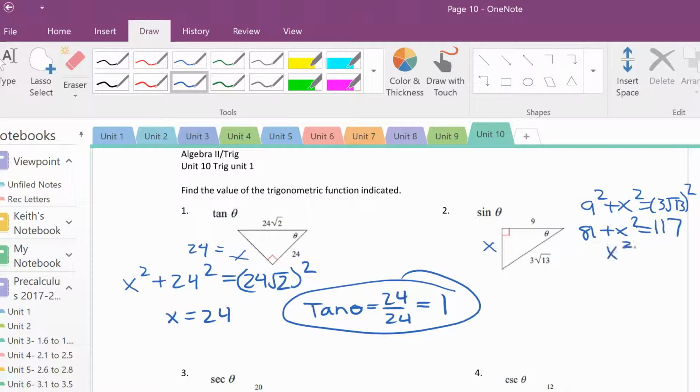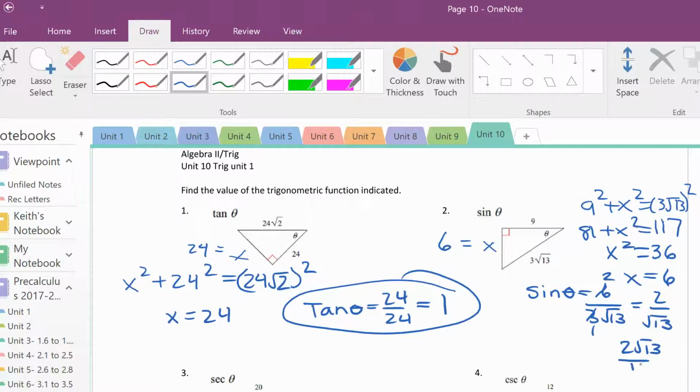And then when you subtract, you get x squared equals 36. So x equals 6. So the sine is equal to 6 over 3 rad 13. When you reduce, you get 2 over rad 13. When you rationalize, you get 2 rad 13 over 13.